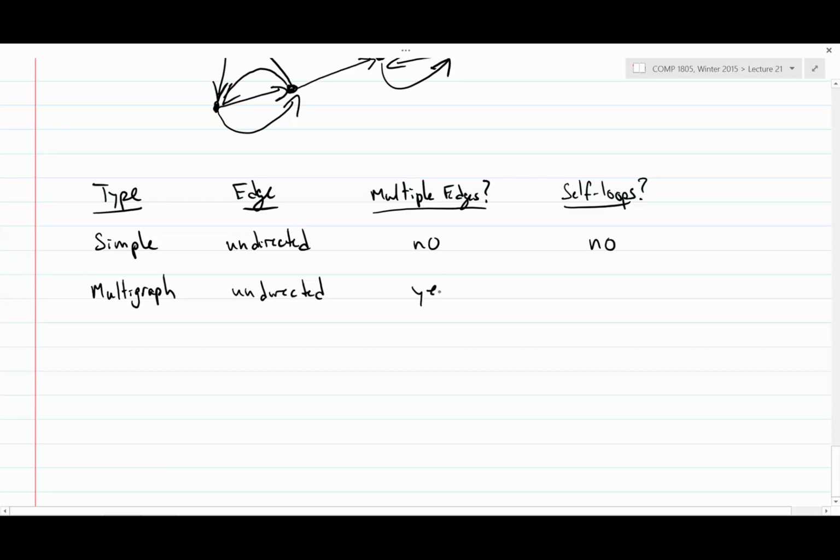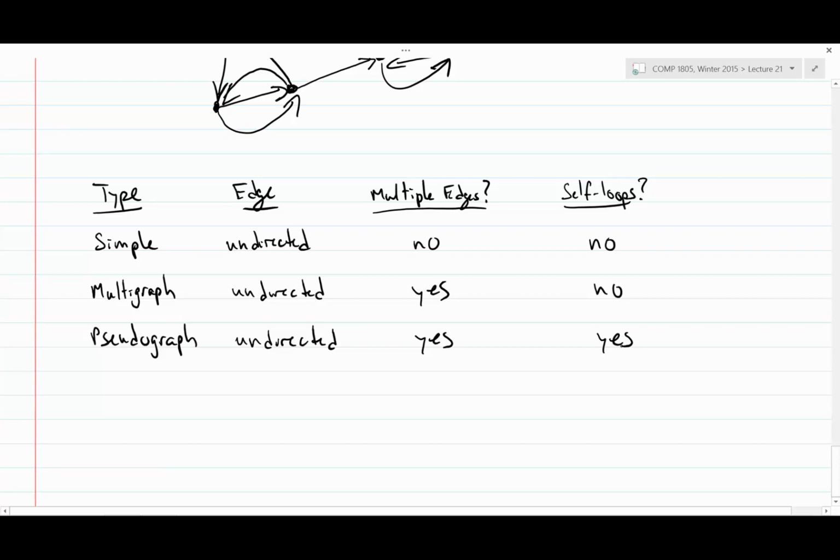You were allowed to have multiple edges, but you're not allowed to have self-loops. The next type is a pseudograph. A pseudograph is, again, undirected. You are allowed to have multiple edges in a pseudograph. I didn't say that, but typically you are assumed to. And you are indeed allowed to have self-loops.